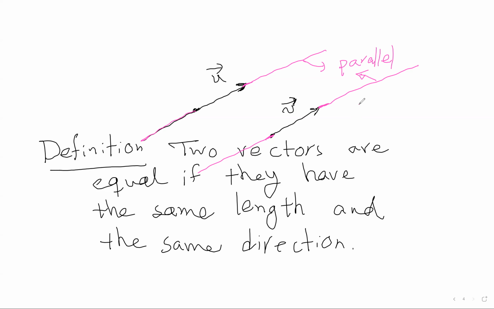So in this picture, in fact, vector u is equal to vector v. They have the same length. The length of u and the length of v are equal, and they are on parallel lines, show the same direction, so they are equal. Obviously, if the lines that they were on are parallel, but they show opposite directions.